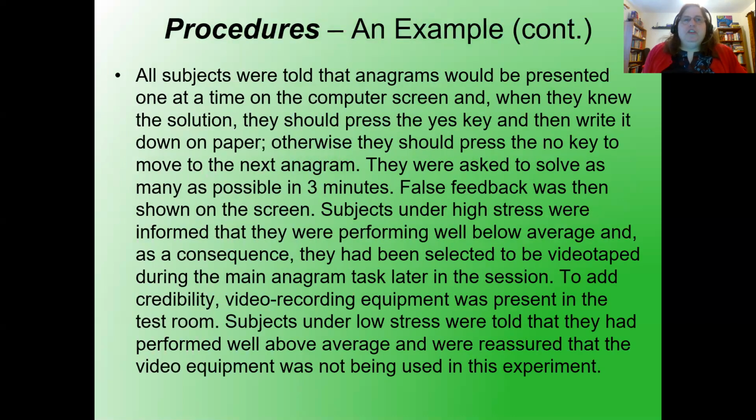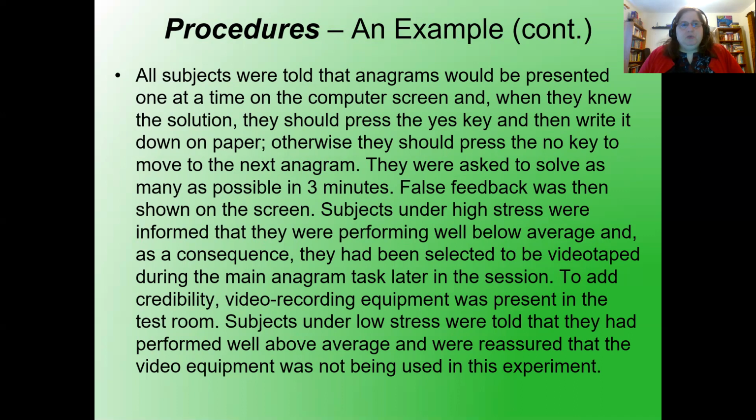All subjects were told that the anagrams would be presented one at a time on the computer screen, and when they knew the solution, they should press the yes key and then write it down on paper. Otherwise, they should press the no key to move on to the next anagram. They were asked to solve as many as possible in 3 minutes. False feedback was then shown on the screen.